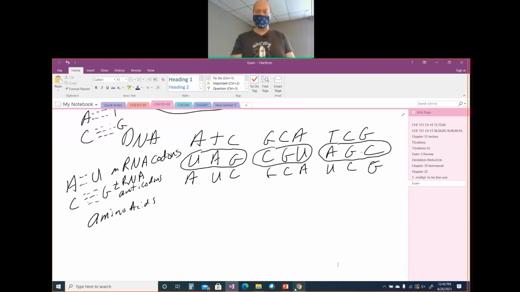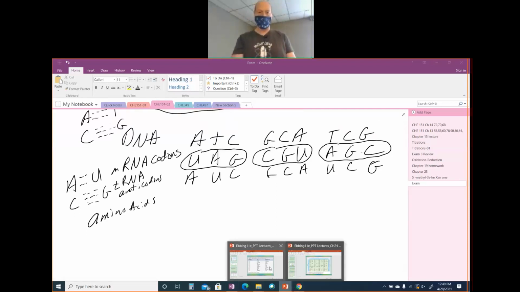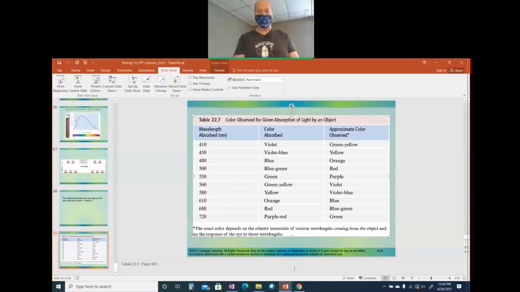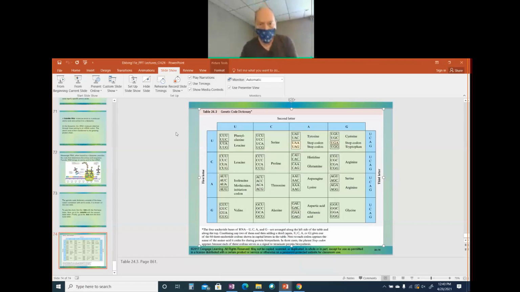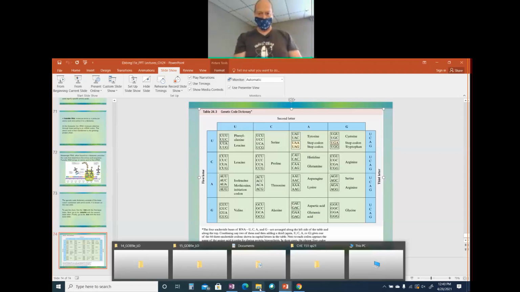So UAG, when you go to the chart, UAG, so UA, and then you find UAG. Well, that is randomly put in there. That is the stop codon. So that's why you don't just make stuff up, because then sometimes it doesn't quite work right.